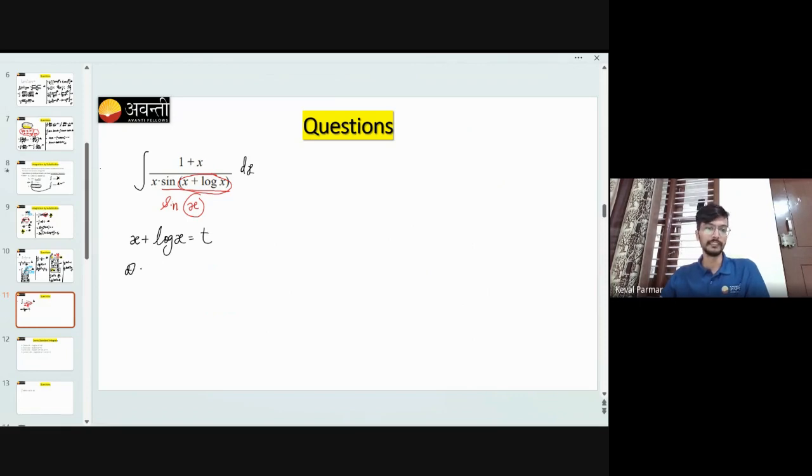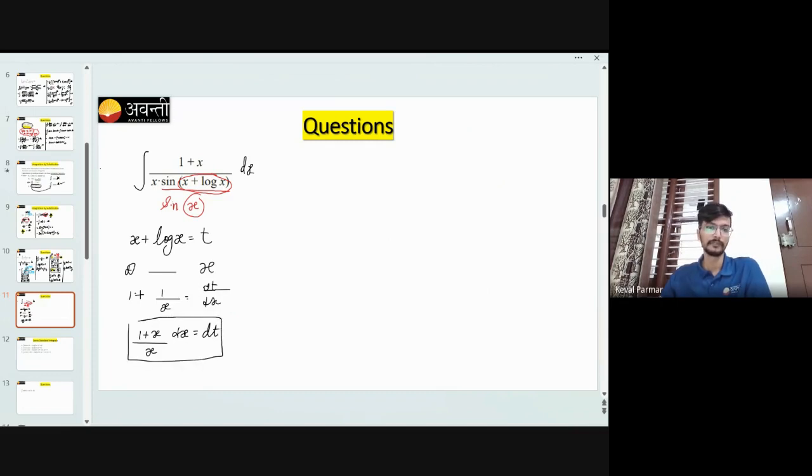Then I will differentiate with respect to x. So 1 plus 1 upon x will be equal to dt over dx. Right? Here if I take LCM, I will get 1 plus x upon x and cross multiply, dx will be equal to dt.